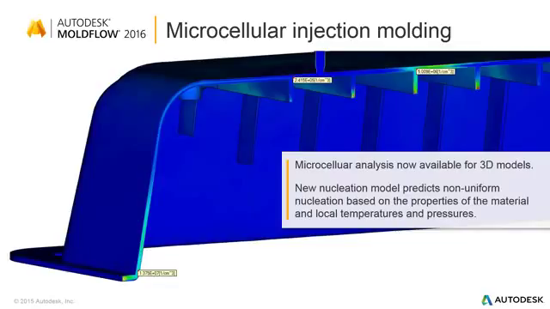A lot of the parts being produced in reality with MuCell technology are at the moment still conventional thin wall parts, but there is scope for changing designs to be more MuCell friendly and, say, gate in thin areas, which is typically a big no-no in typical injection molding. But like I said, this is still an area that we're going to add some more functionality to in the foreseeable future.